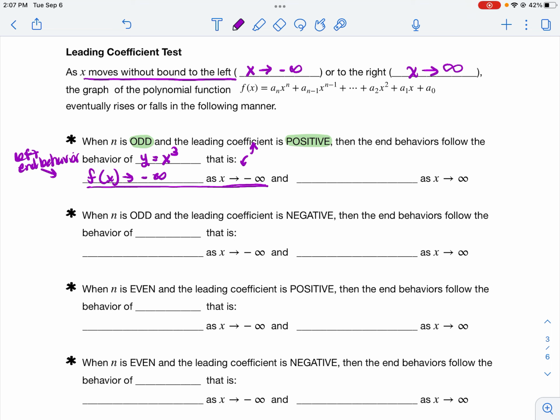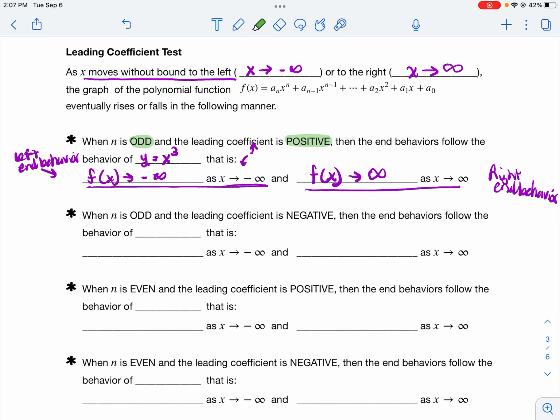Now to describe your right end behavior, you would write f of x, that's the y value. Its arrow's going up, so f of x is approaching infinity as x goes to infinity. That entire statement is called the right end behavior of our graph.